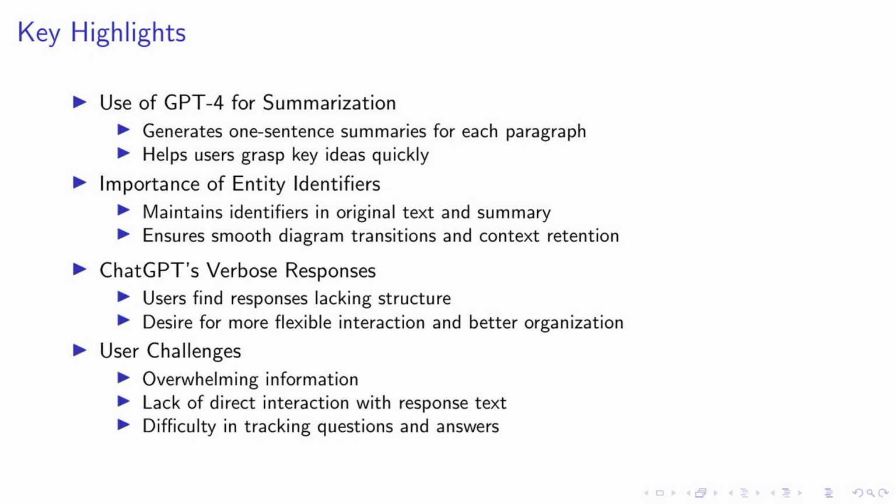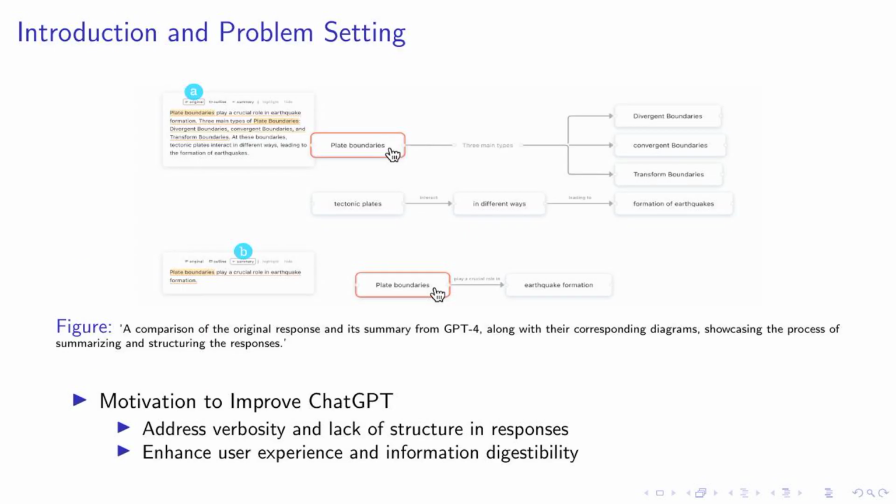These findings underscore the need for improved representation of information to enable intuitive understanding and flexible exploration of data from large language models. Our research is motivated by the need to improve the user experience with ChatGPT.